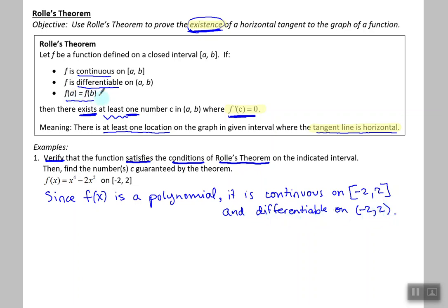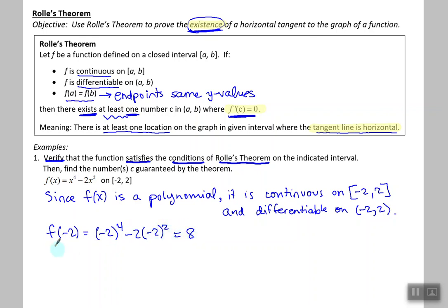Now the third condition is that the endpoints have the same y values, or f of a equals f of b. Our endpoints are -2 and 2, so we plug those in. Let's see. F of -2 equals -2 to the 4th minus 2 times -2 squared.